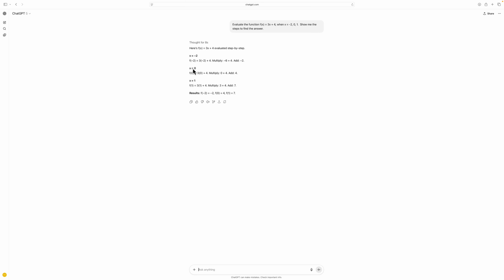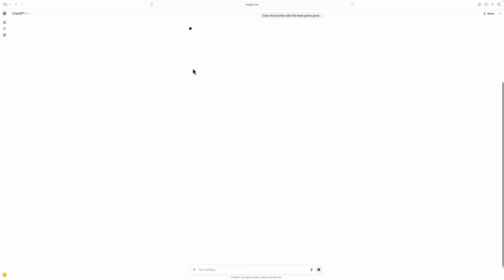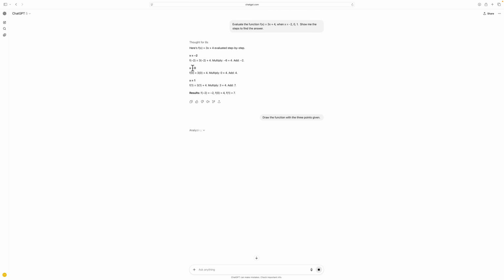Okay. Now, I didn't do this on the last one because it didn't come out very well, but draw the function with the 3 points given. Okay. So most likely, I didn't say to use a tool or to use Python, but it did it anyway.